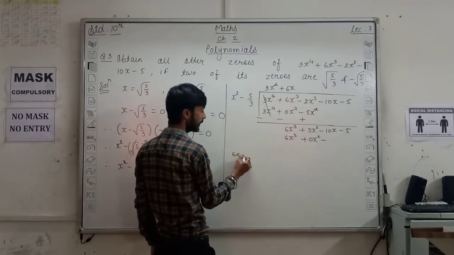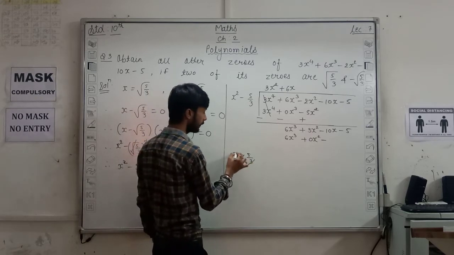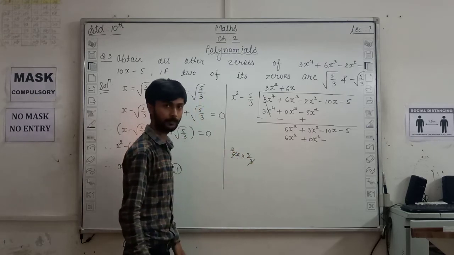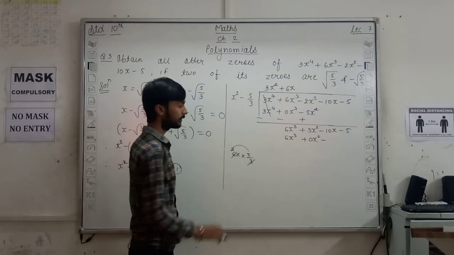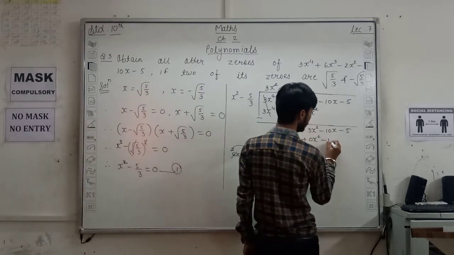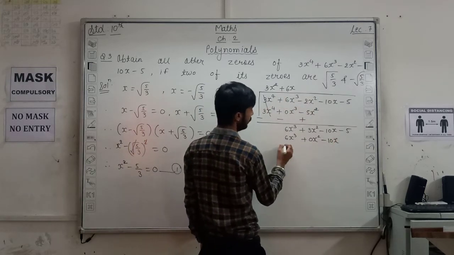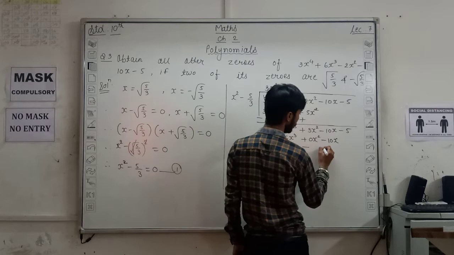See, 6x into 5 by 3, so 3 twos are 6, 2 fives are 10, 10x. Okay, sign change, minus minus plus.